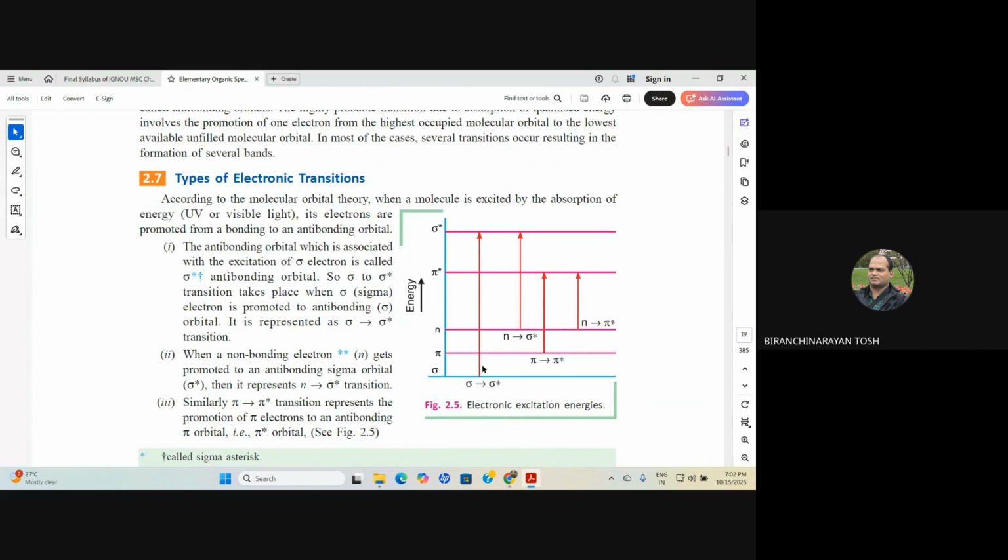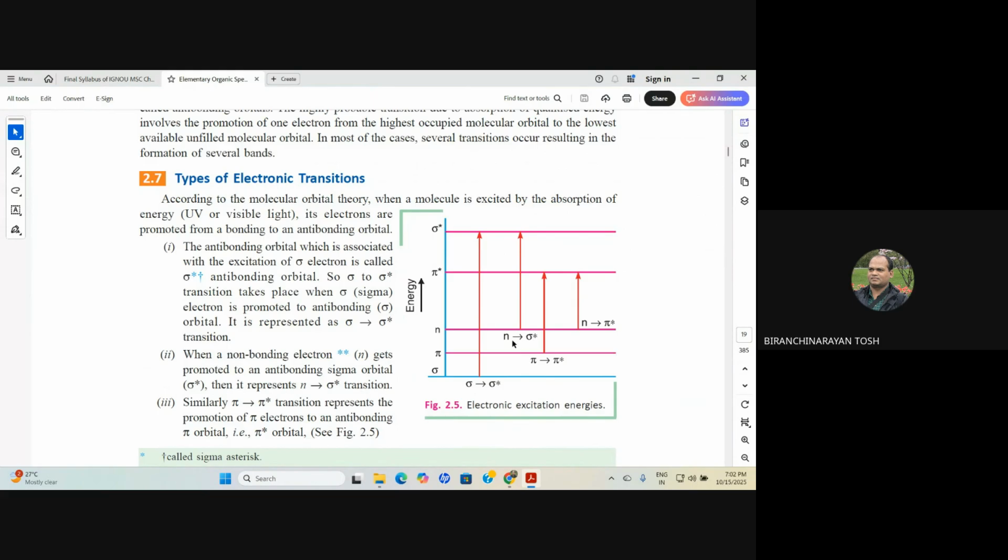Sigma to sigma star. No other molecular orbitals are there. As sigma to sigma star transition requires higher energy, and higher energy means higher frequency and lower wavelength, it will absorb at lower wavelength, in the ultraviolet region. The ultraviolet region has higher energy.